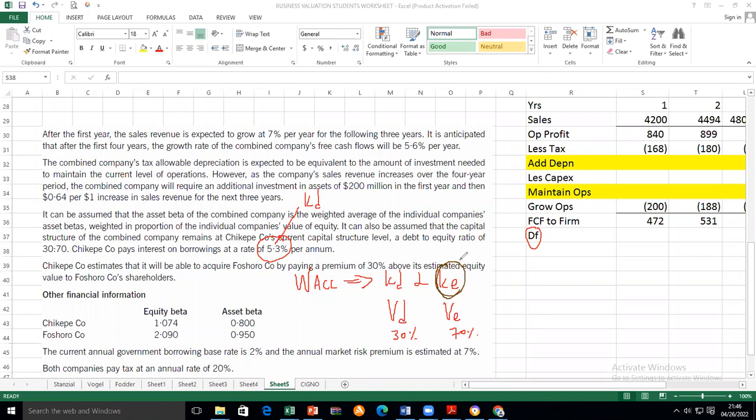Cost of equity. When you look at the information given here, it leads us to no conclusion other than the capital asset pricing model. The risk-free rate has been given. The market risk premium has been given.